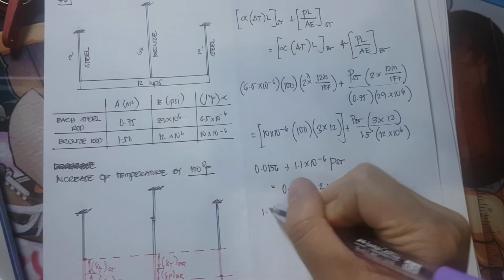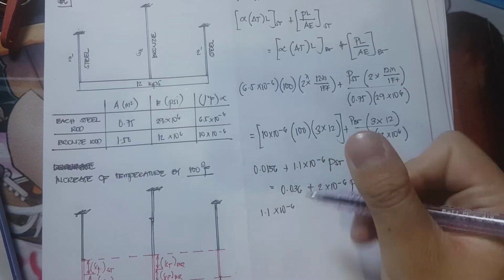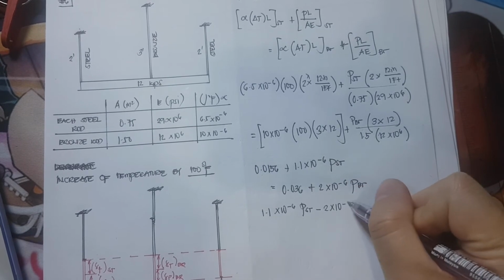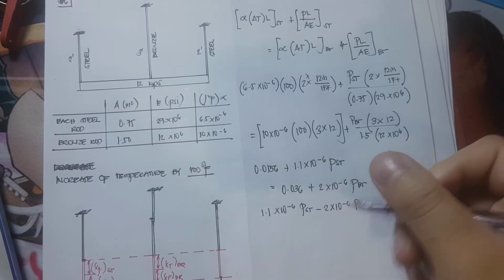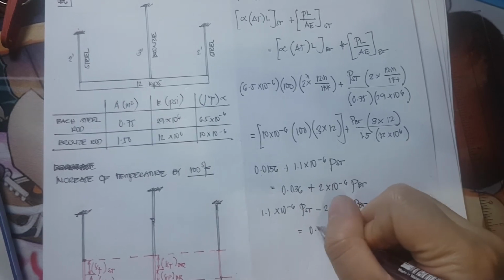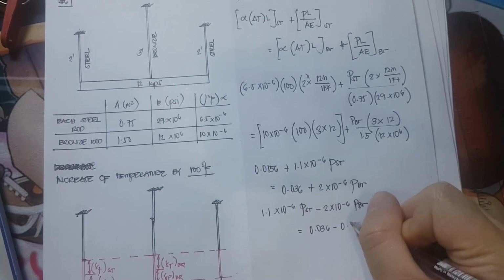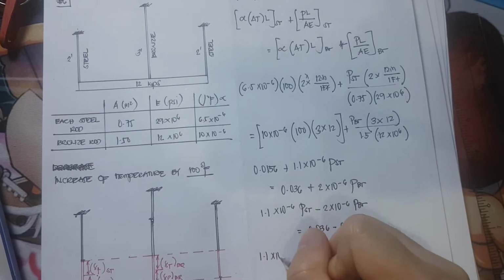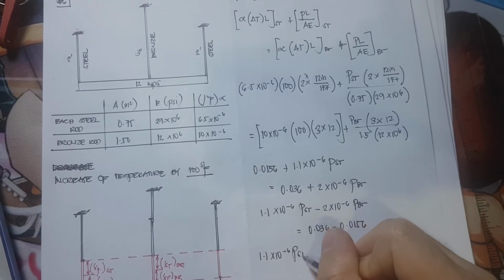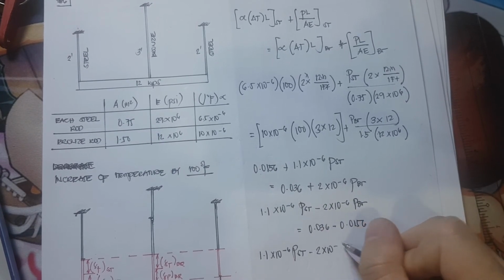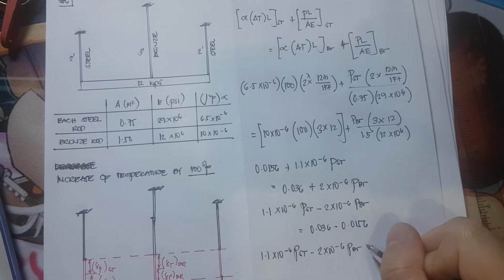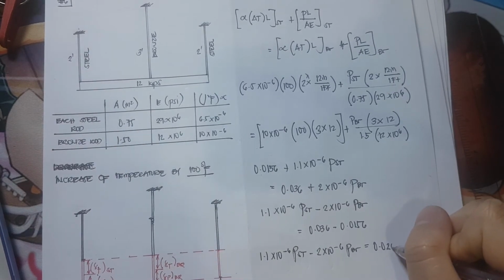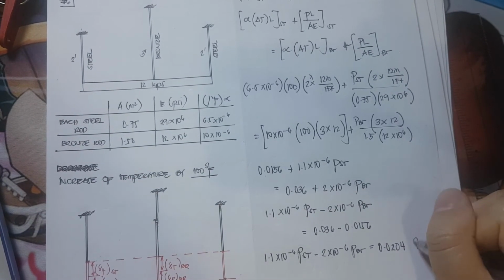So we have here 1.1 times 10 raised to negative 6 P of steel minus 2 times 10 raised to negative 6 P of bronze is equivalent to 0.036 minus 0.0156. Okay, so 1.1 times 10 raised to negative 6 P of steel minus 2 times 10 raised to negative 6 P of bronze is equivalent to 0.0204. And this is our equation number 1.